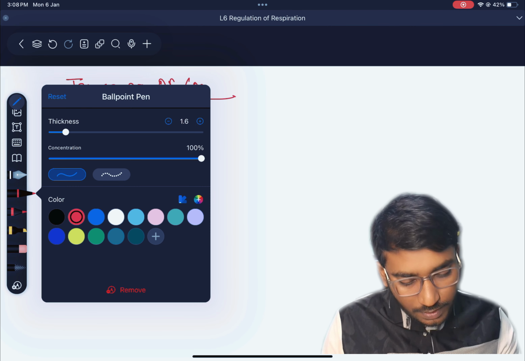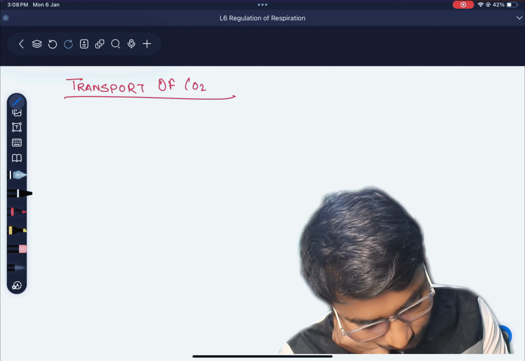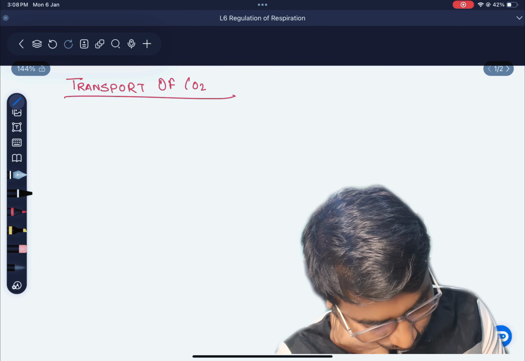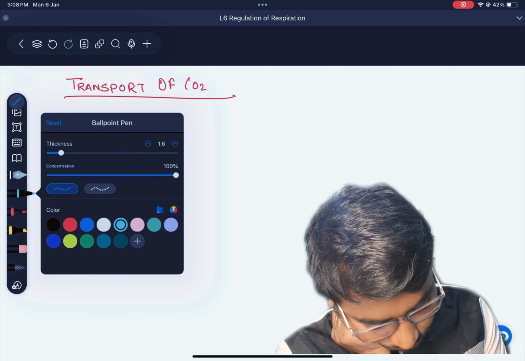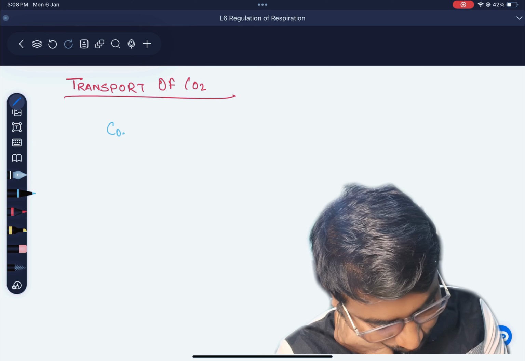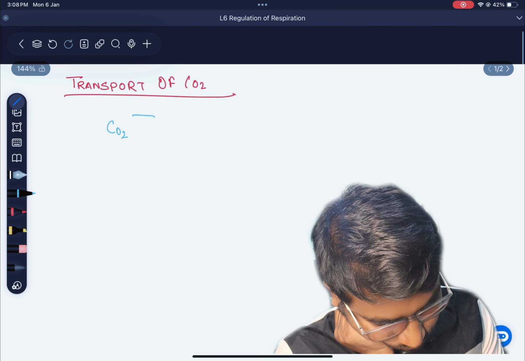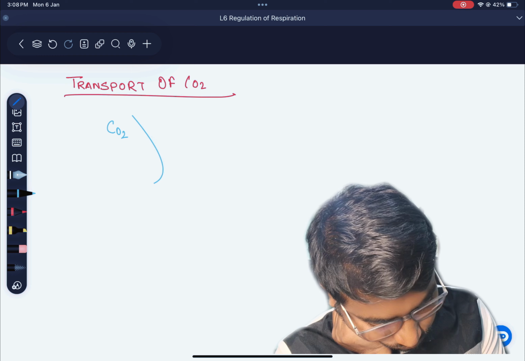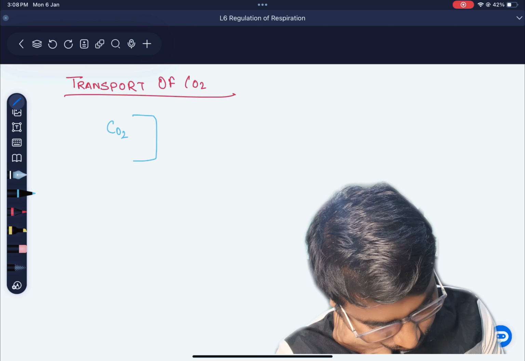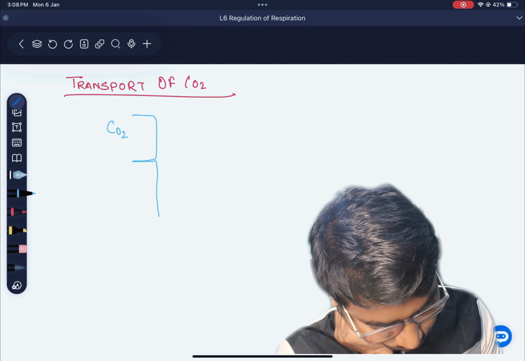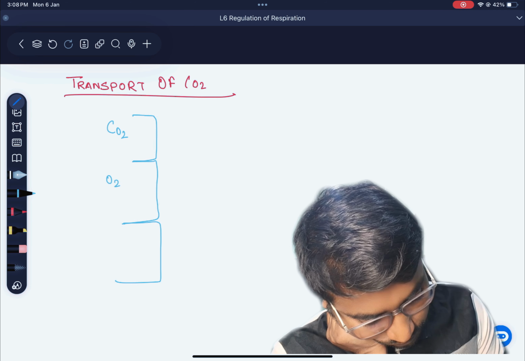So what do you mean by the transport of CO2? Let this be O2 and let it be the tissue.